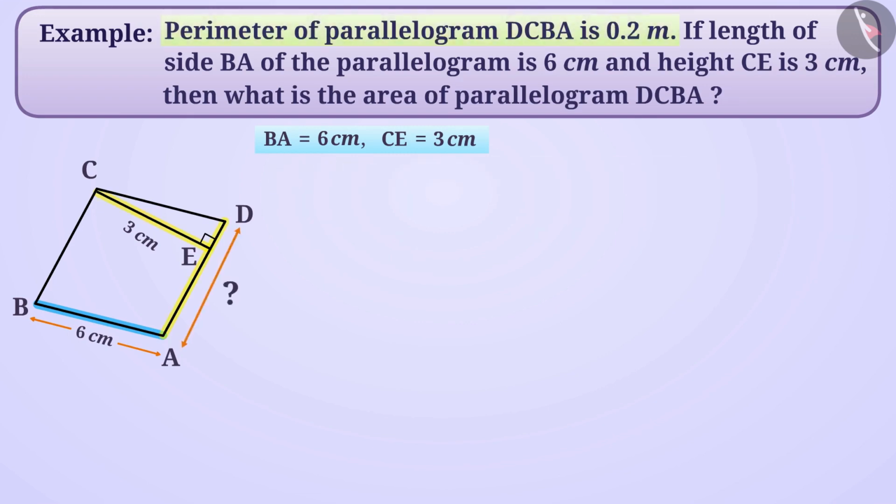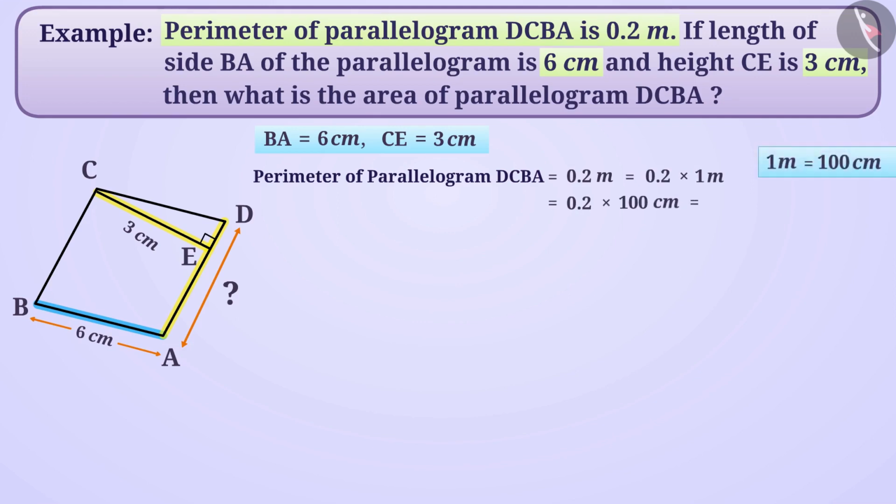We have given the perimeter of parallelogram DCBA as 0.2 meter. Since the length of side is given in centimeter, we need to convert the perimeter into centimeter. Here, perimeter of parallelogram DCBA is equal to 0.2 meter is equal to 0.2 multiplied by 1 meter is equal to 0.2 multiplied by 100 centimeter is equal to 20 centimeter.